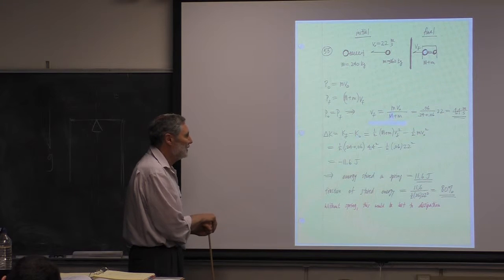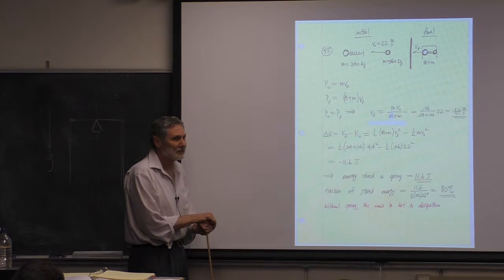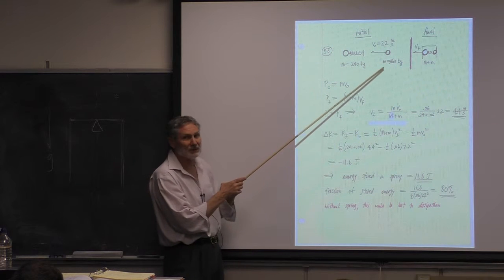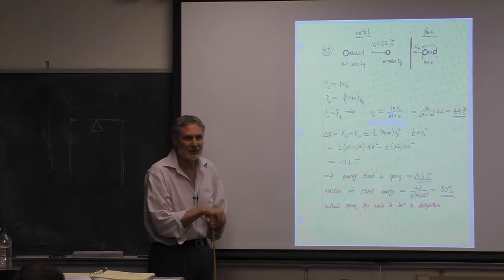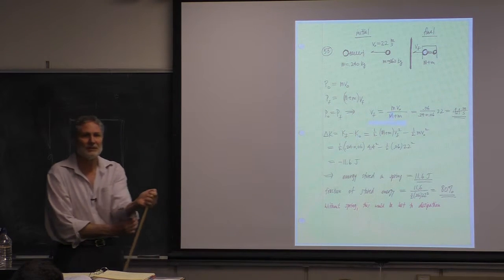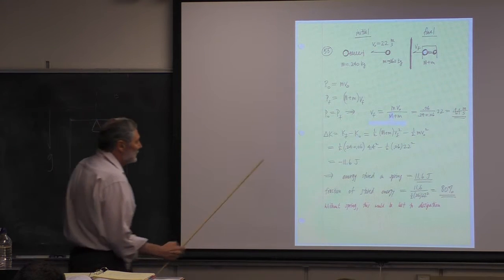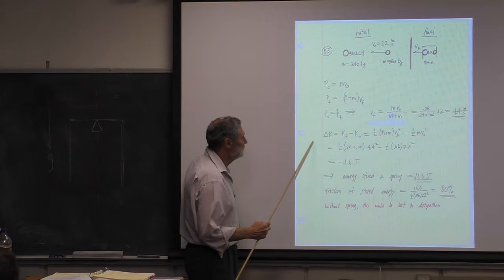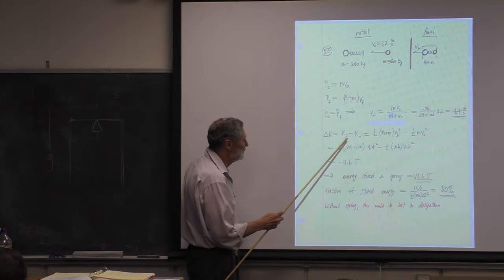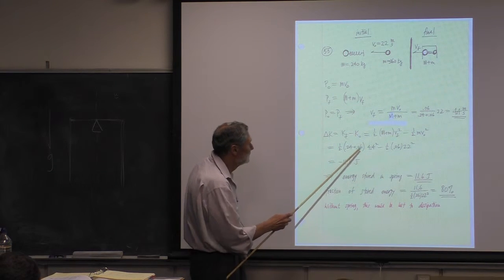There's going to be some change in kinetic energy. You know there is. Where does the kinetic energy go in our physics system here? Into this, exactly the same amount. The mechanical energy will be conserved here. There's no friction, no non-conservative forces. So there has to be a decrease in kinetic energy, and we can calculate it.